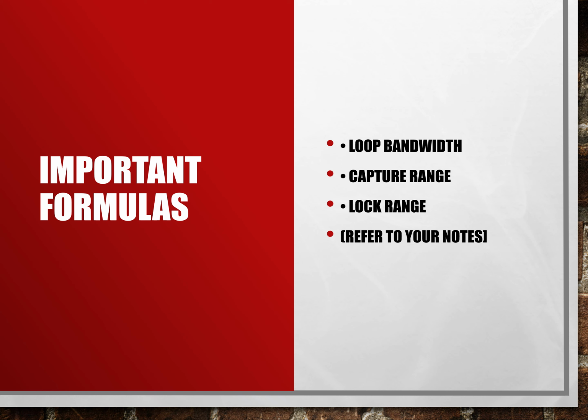Next, the filtered signal then controls the voltage control oscillator, which adjusts its output frequency based on the input voltage. Its formula is F_VCO equals F_naught plus K_VCO multiplied by V_in, where F_naught is the free running frequency of the VCO, K_VCO is the VCO gain in hertz per volt, and V_in is the input control voltage.